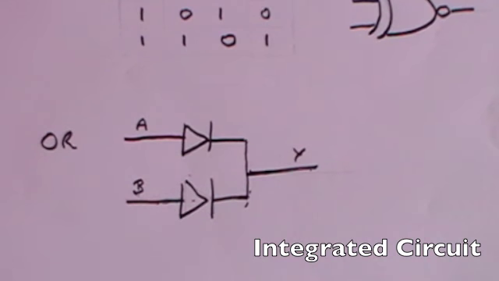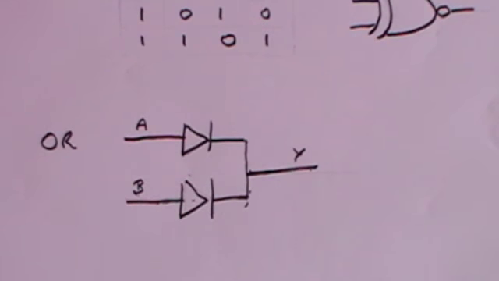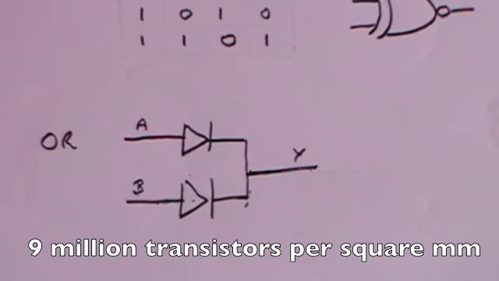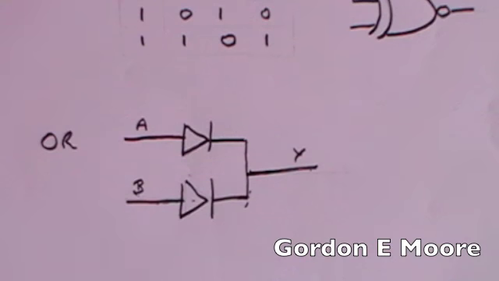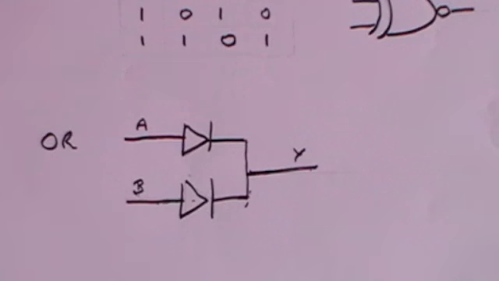And currently, you can get something of the order of the equivalent of 9 million transistors per square millimetre of an integrated circuit board.